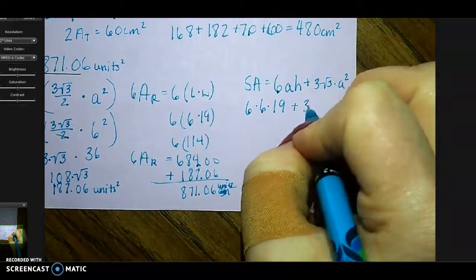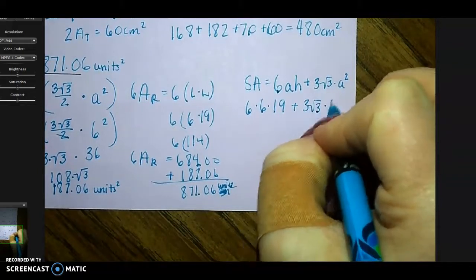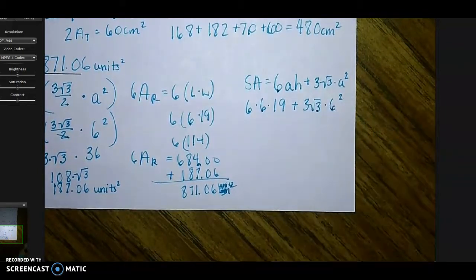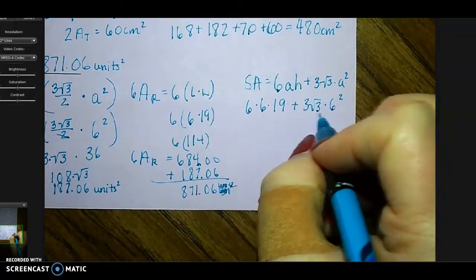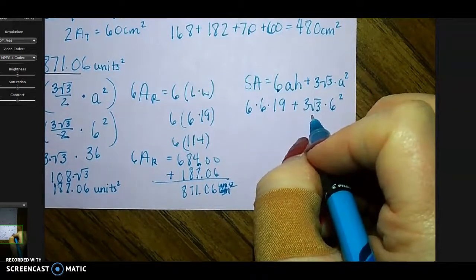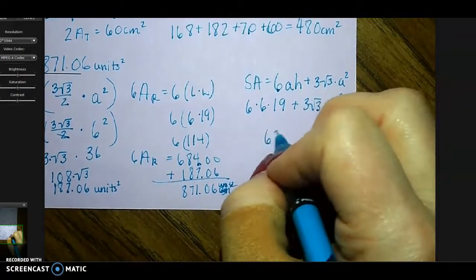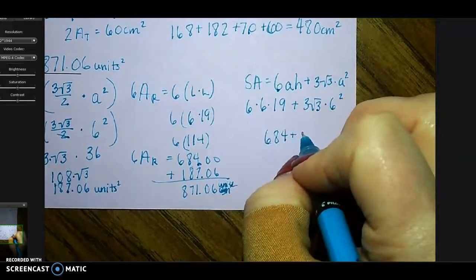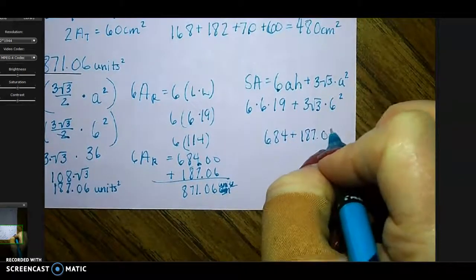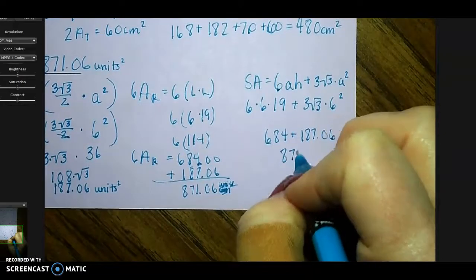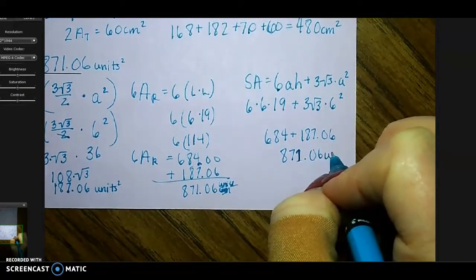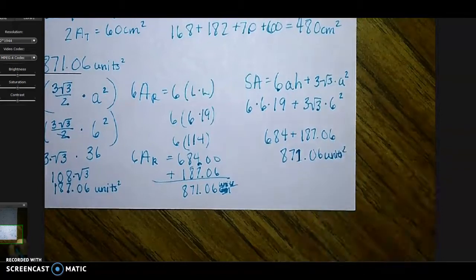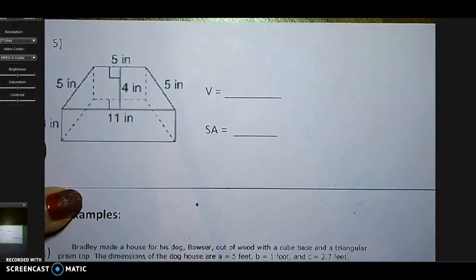Plus 3 radical 3 times 6 squared. When I do that, you'll notice that is what we ended up with here after our 2's canceled out. So I'm still going to get 684 plus 187.06, and I will still get 871.06 units squared. Our last one on the back is a trapezoid.